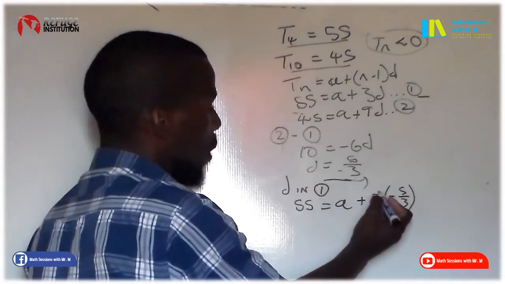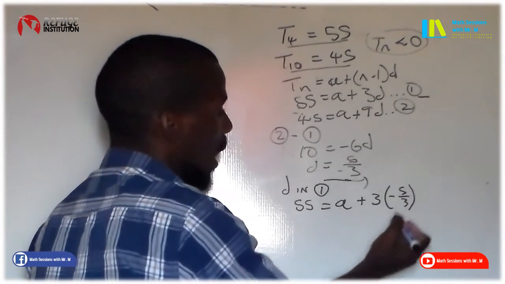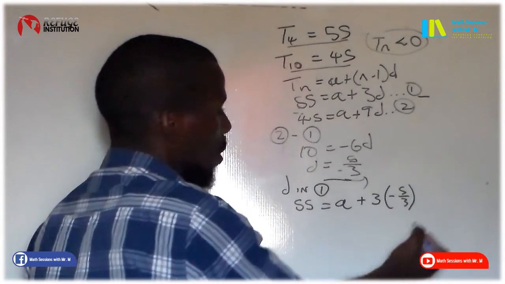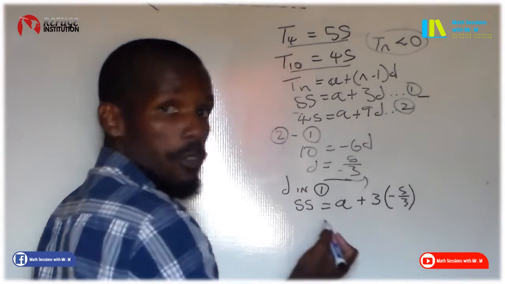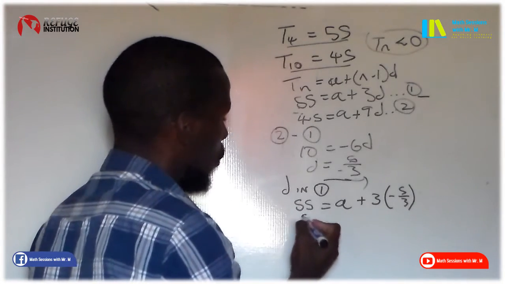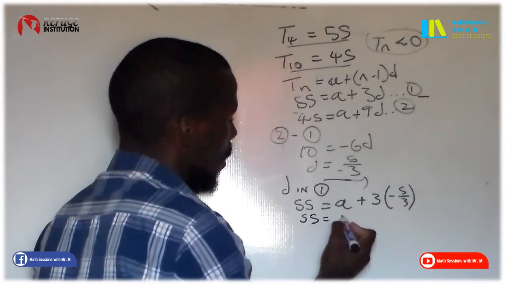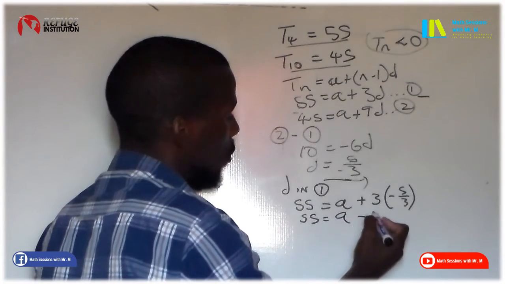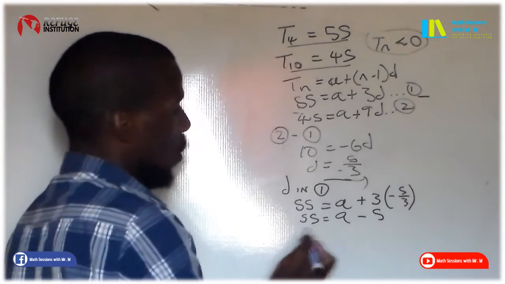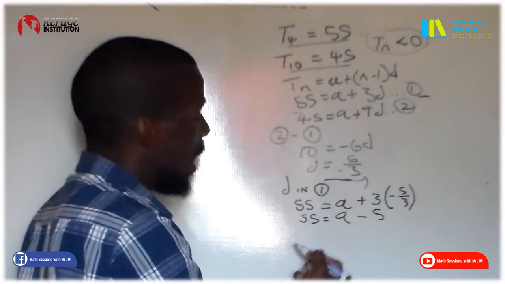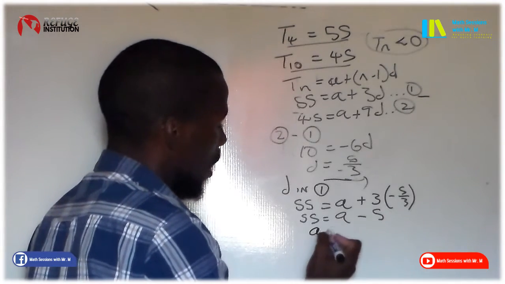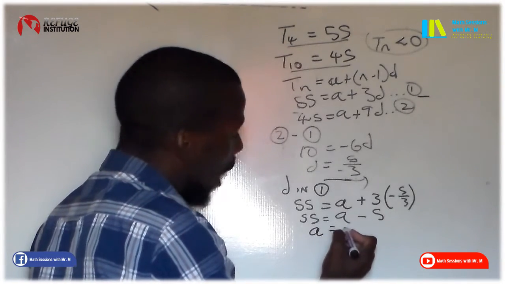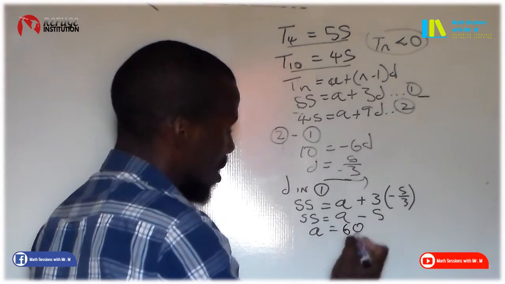The 3s cancel, so we have 55 equals a minus 5. Taking the negative 5 to the other side of the equal sign, we have 60 in place of a. So we have found a to be 60.